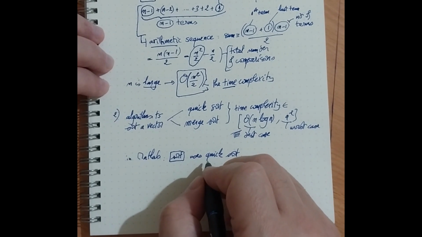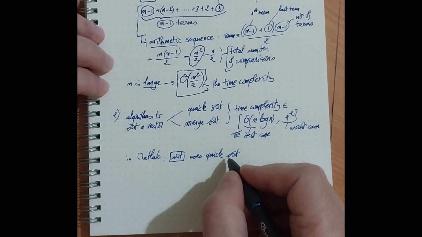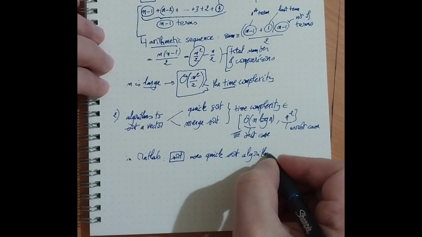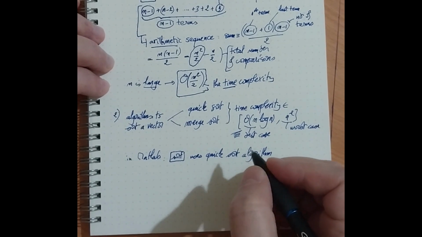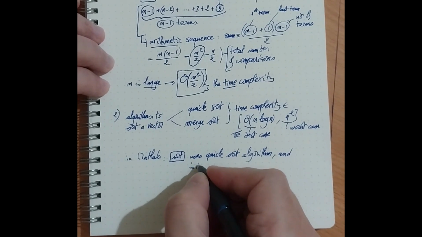This is in Octave. I'm not sure about Matlab. So sort uses the quick sort algorithm, and it's not only the algorithm, it's also the implementation. It is implemented in C.